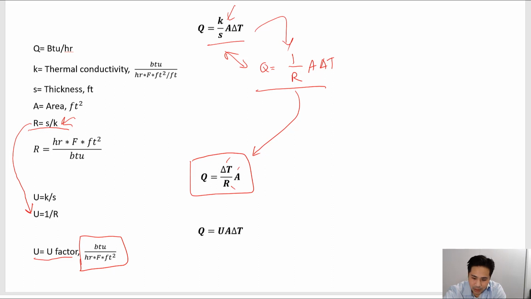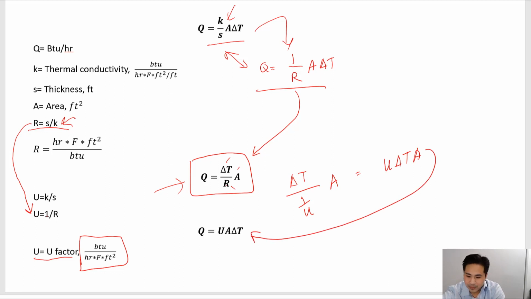So if we plug into this formula, U, basically the R by U, we're going to get delta T over 1 over U times A. Or, in other words, this is equal to U delta T times A. And that's how you get this formula.